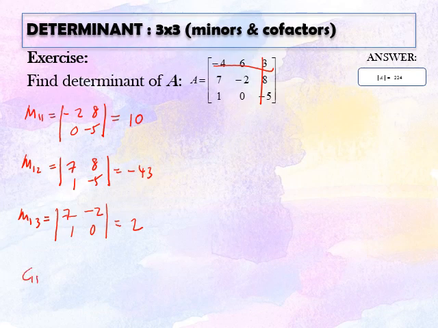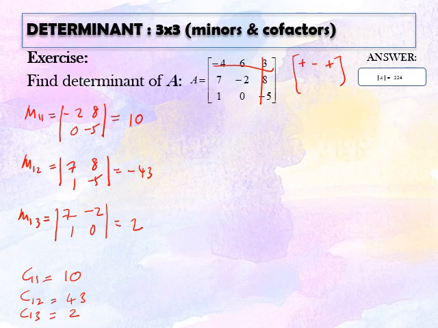If we look at the tips I've given previously, it's positive, negative, positive, right? So C11 doesn't change, it equals M11, so it's 10. C12 is equal to negative of M12, so it's 43. And C13 is equal to positive of M13, so it's 2.